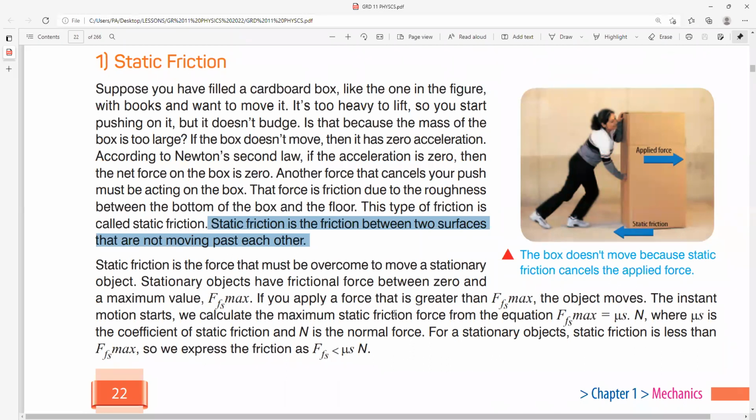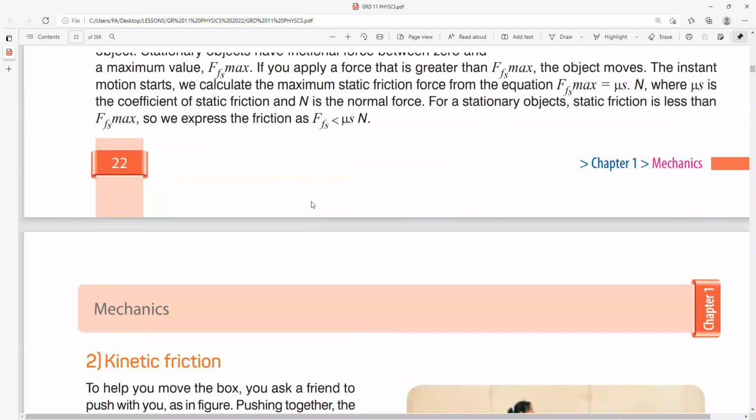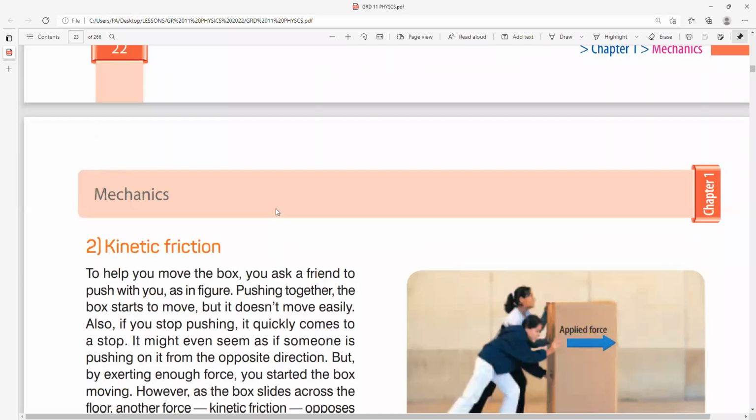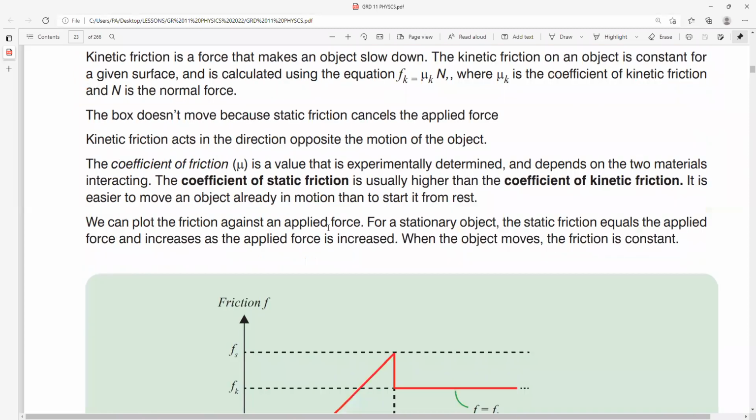That time you have static friction. But when you start moving the object, that time you are having kinetic friction. We have formula here. Formulas, everything is coming later on. More details coming next lessons. Kinetic friction, when the object starts moving, now you are stronger than friction force. You start moving, that time you have kinetic friction.